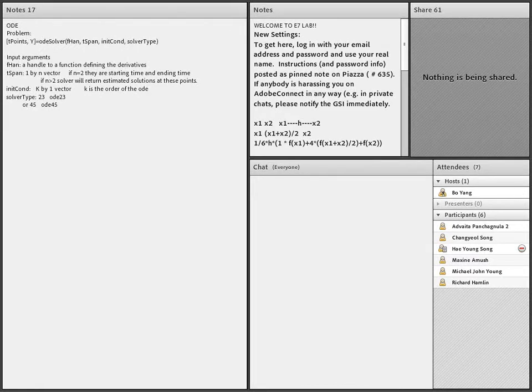The output arguments are t point and y. T point is the separate time points at which the solver returns the solution, and y is the corresponding solutions.